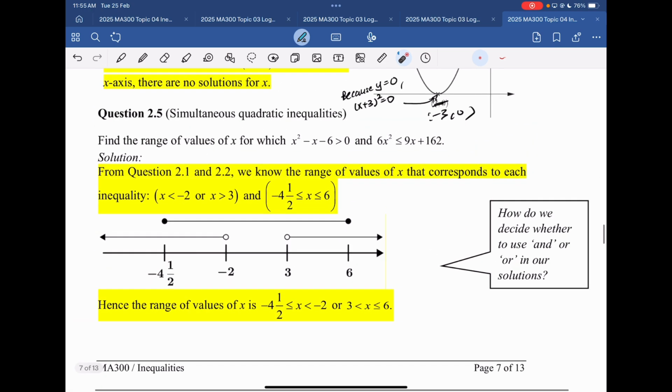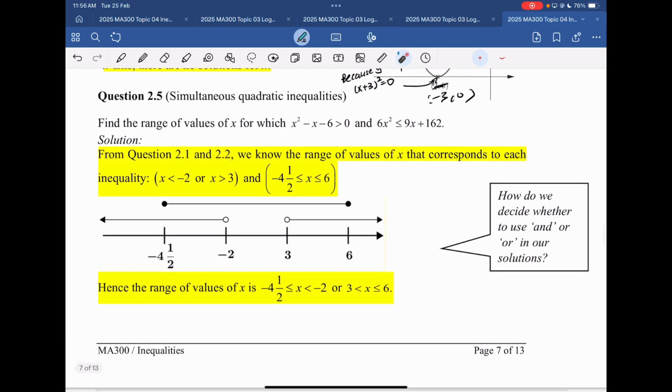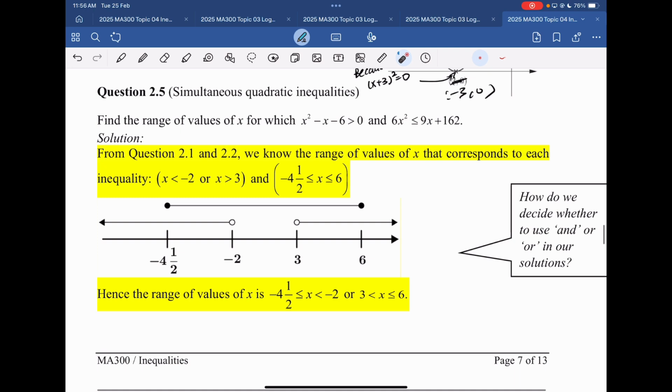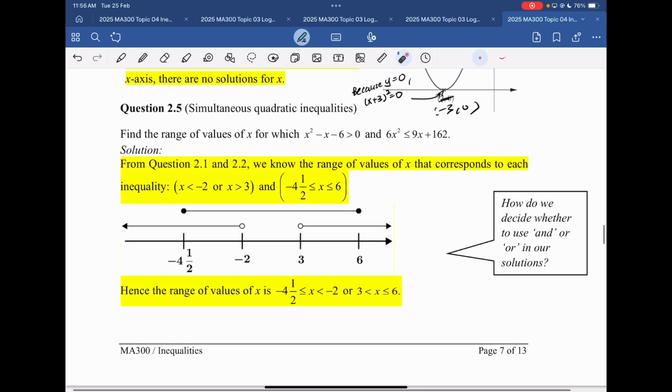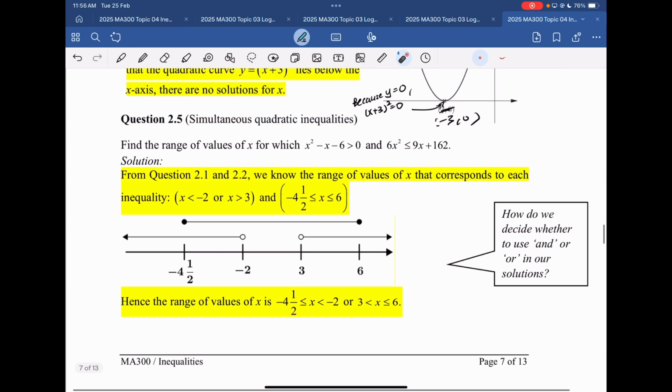Okay, so question 2.5. You just use the answers for the earlier questions 2.1 and 2.2. You take the intersection. Oh yeah, sorry, 2.5 is not in your book, I realize.